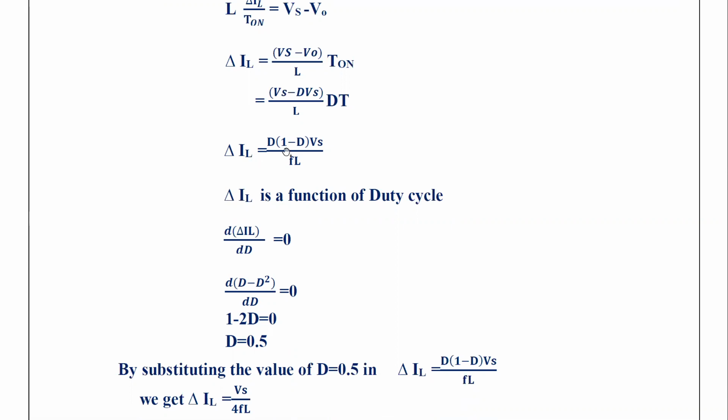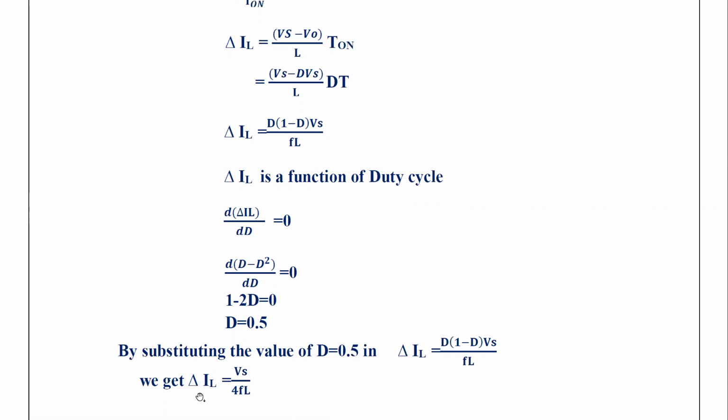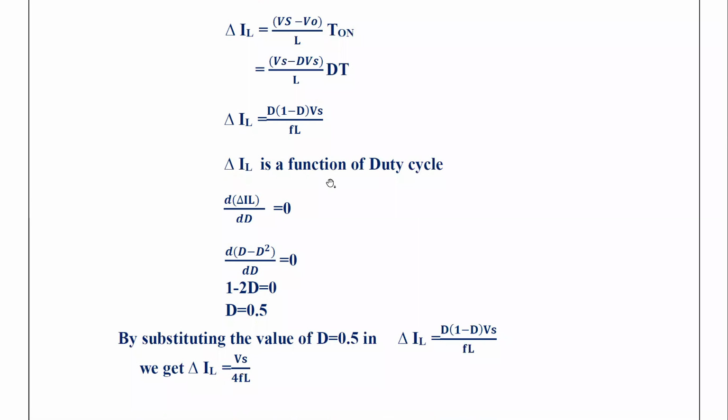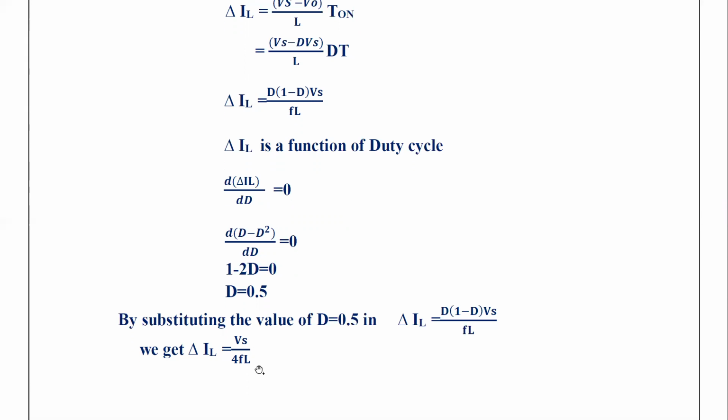So substitute the value of D in this equation, and we get the ripple current delta IL is equal to Vs by 4F into L. So this D is 0.5 and 1 minus 0.5 is equal to 0.5. 0.5 into 0.5, you have to multiply. 0.5 into 0.5 is nothing but 0.25, which is equal to 1 by 4. Therefore, we are writing the ripple current delta IL is equal to Vs by 4 into F into L.